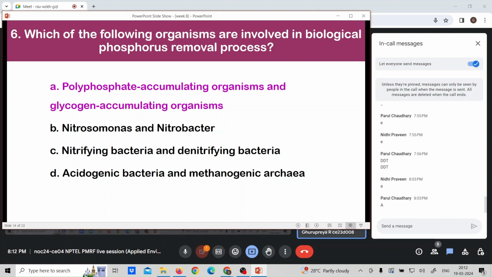They will use different things, for example the acetate that was produced, and convert it into methane. So acidogenic bacteria produce acids, and methanogenic archaea produce methane. These two groups come into the picture in the anaerobic digestion process.